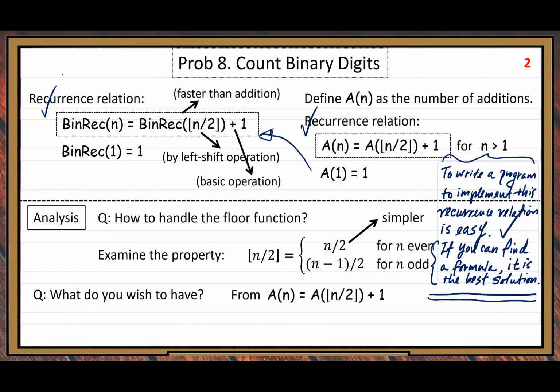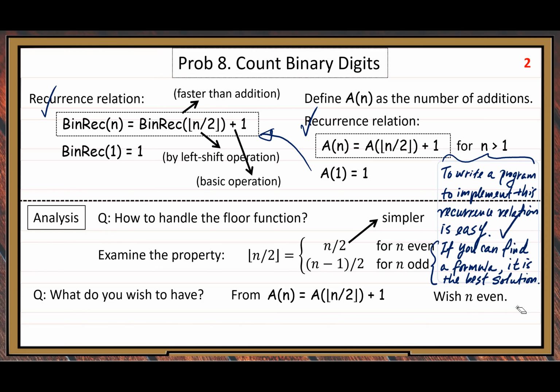From the original given recurrence relation, because we don't know the exact expression of that n/2 floor function, we want to make our lives easier. So we want to look at this.